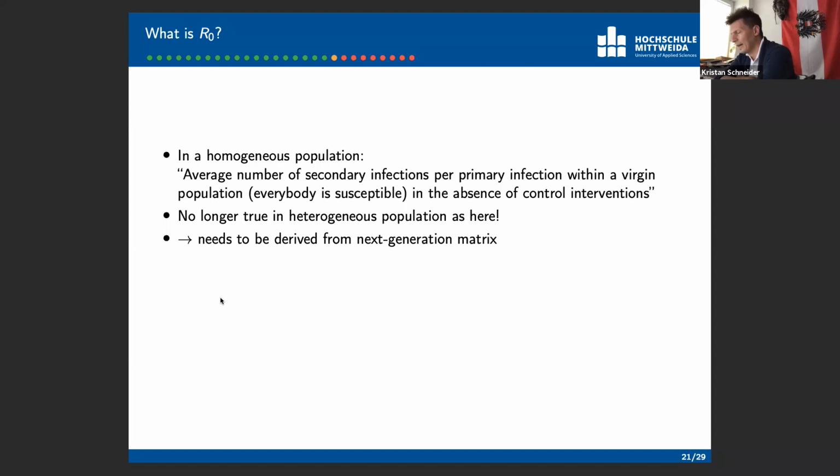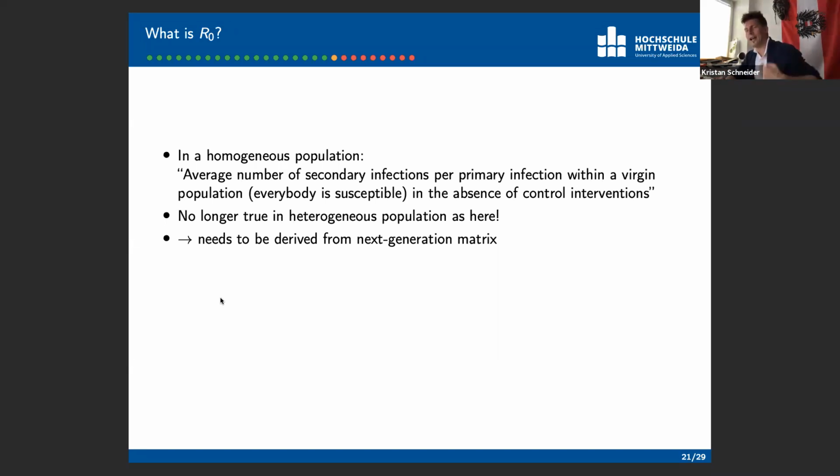But I should say that is the definition that holds only in homogeneous populations. In heterogeneous populations, like here, heterogeneous means the risk group has a very different behavior than the general population and the staff population. That definition changes, because not every individual is the same.